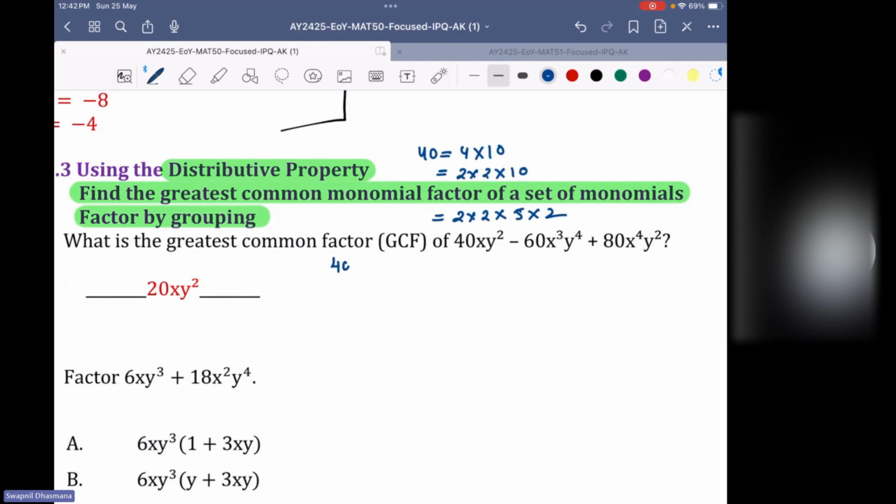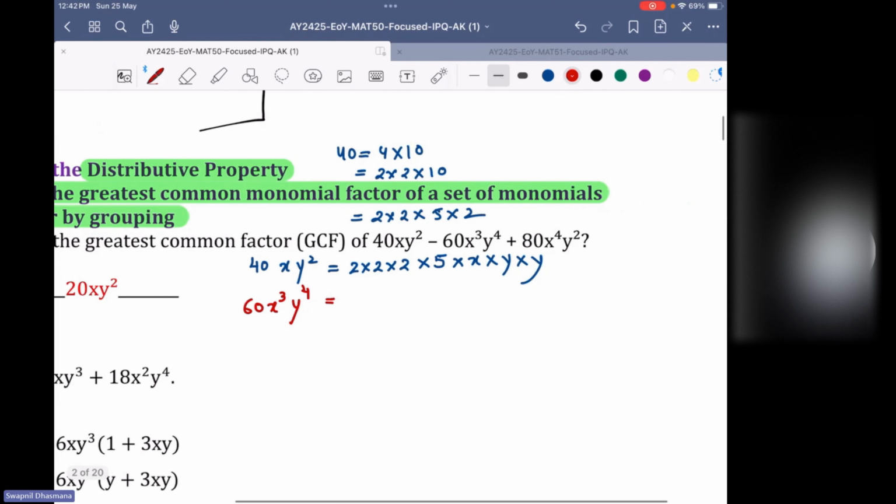So I'm just going to take it the easiest possible way. 40xy squared can be written as 2 times 2 times 2 times 5 times x times y times y. So I've expanded it all. Same way as I will do with 60x cubed y to the 4th.